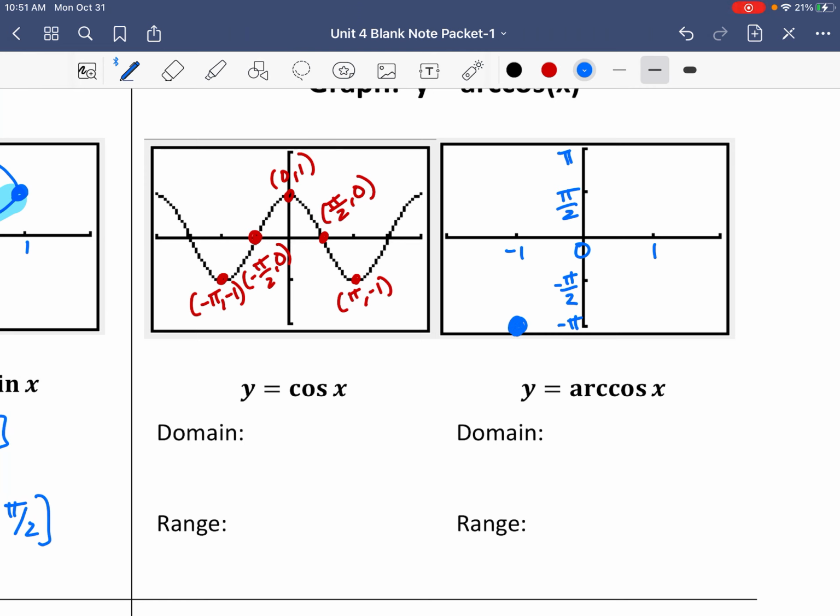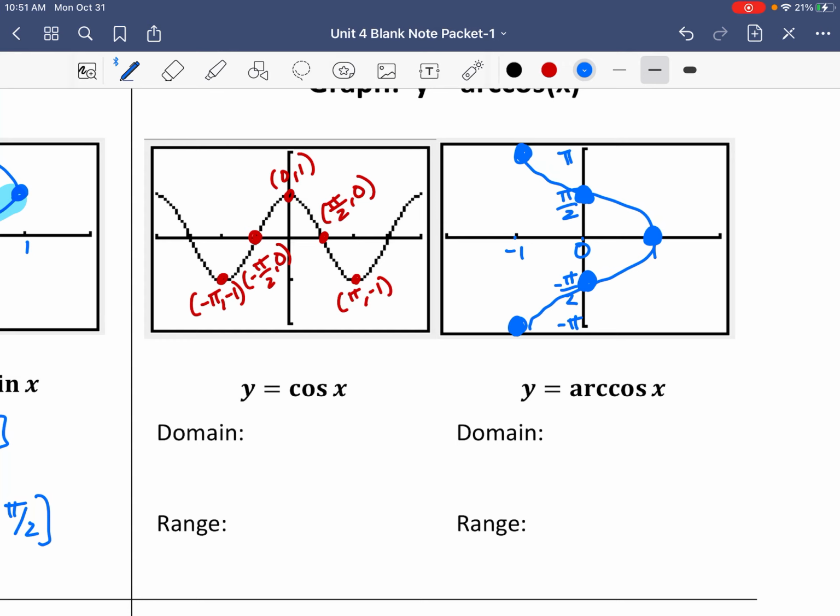My next point is going to be 0, negative pi over 2. 1, comma 0. 0, comma pi over 2. Negative 1, comma pi.